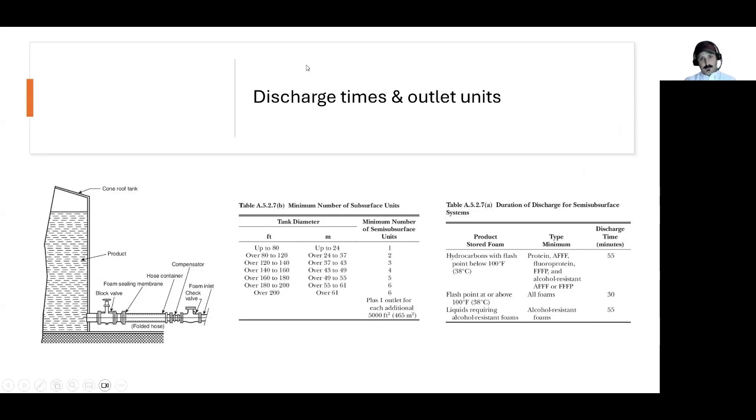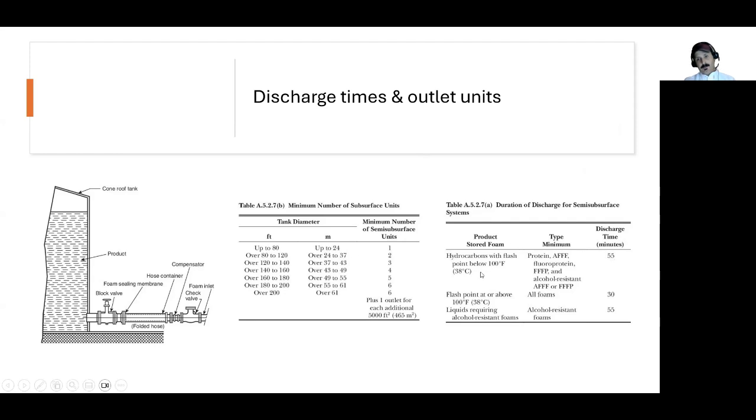So what is the discharge time? The discharge time depends on the type of product inside. So as we said, normally the liquids stored inside are combustible. However, if there were flammable liquids stored inside the tank, then the discharge time should be 55 minutes.